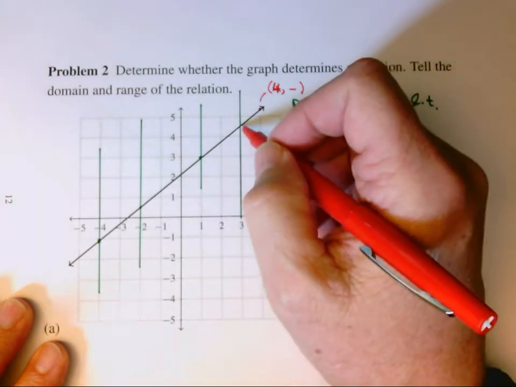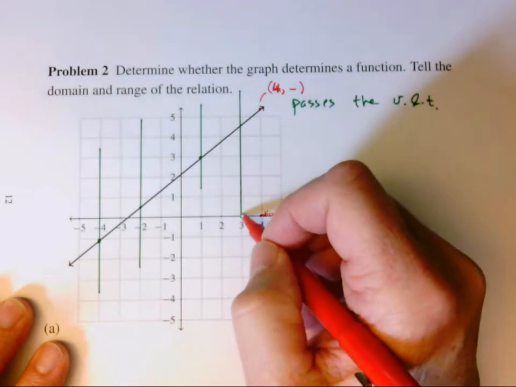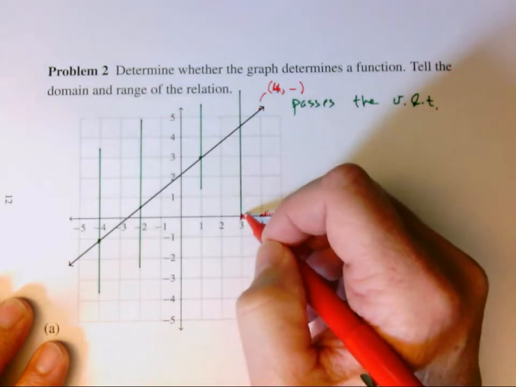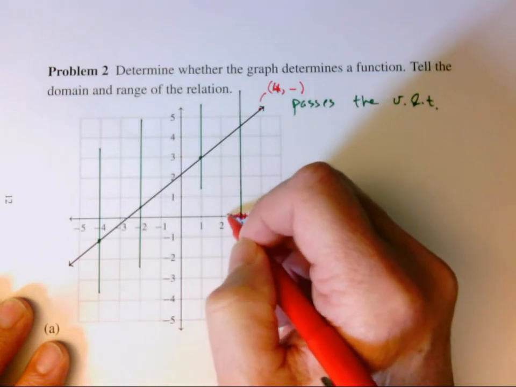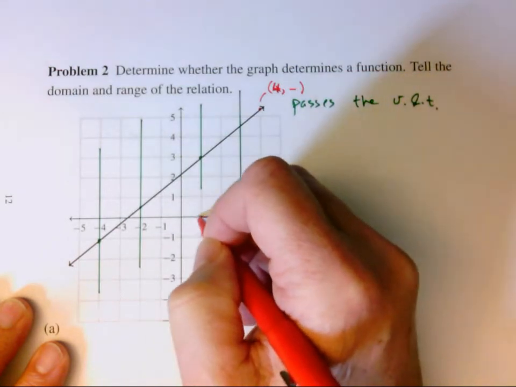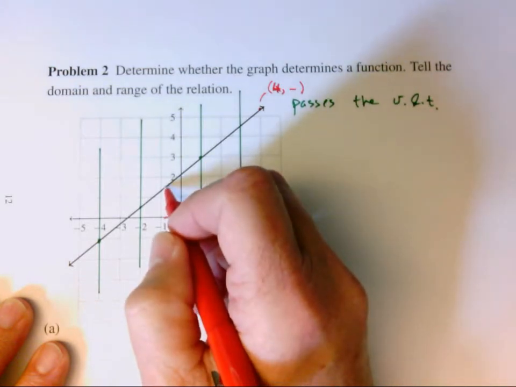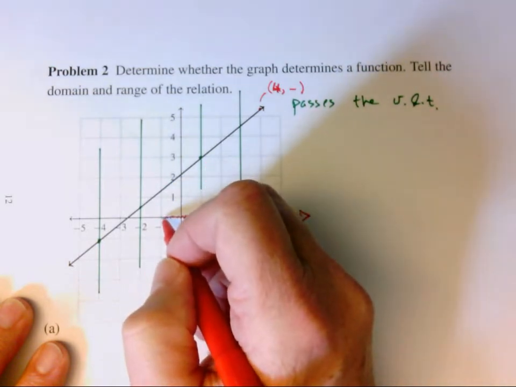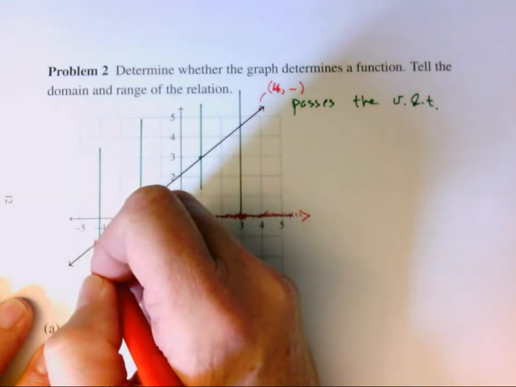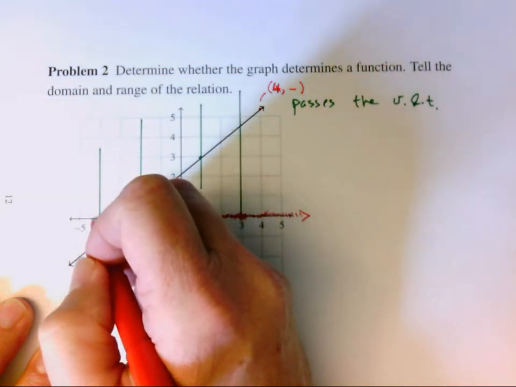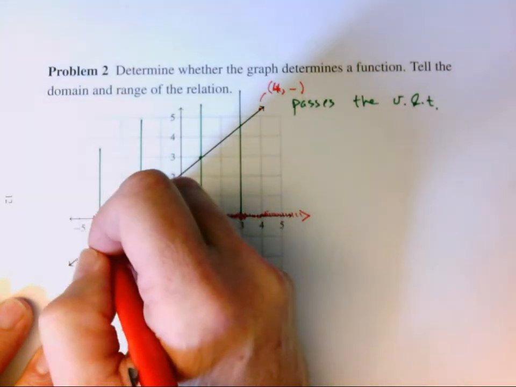Likewise, this vertical line captured an x value which was 3, and everything in between. So remember that the domain lives in the x-axis. And if I look vertically from the x-axis, either up or down, I'll find a point. That means that the x-coordinate of that point is in the domain.